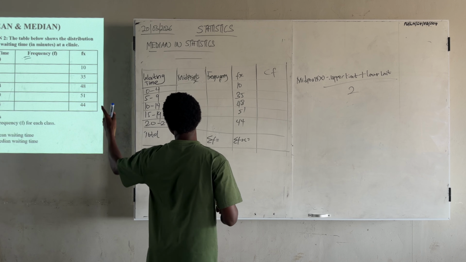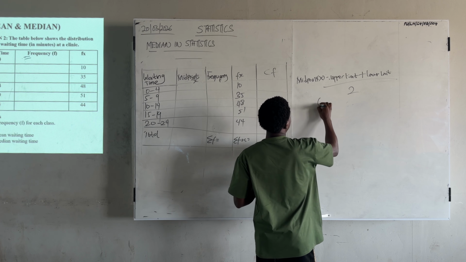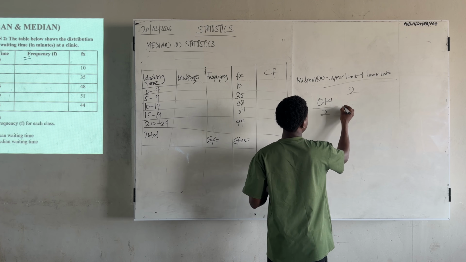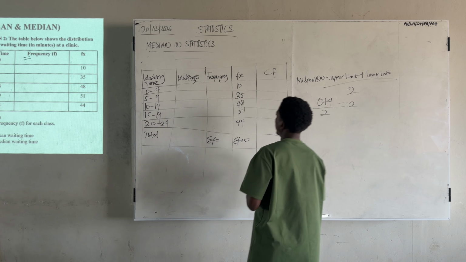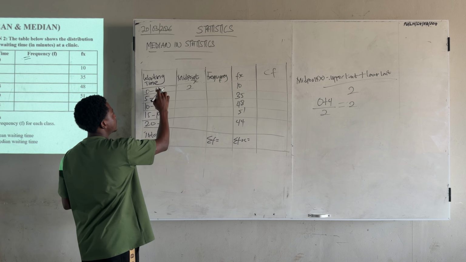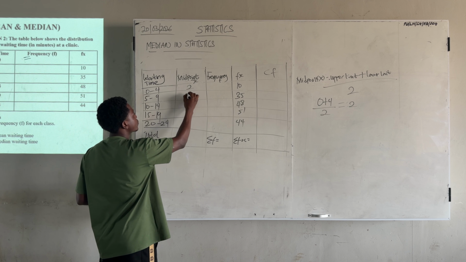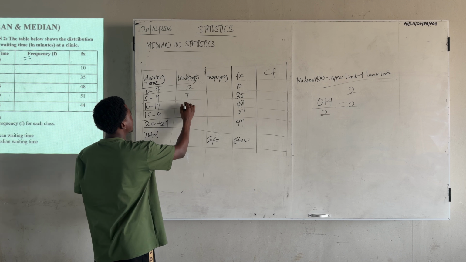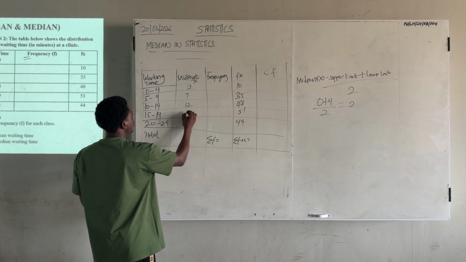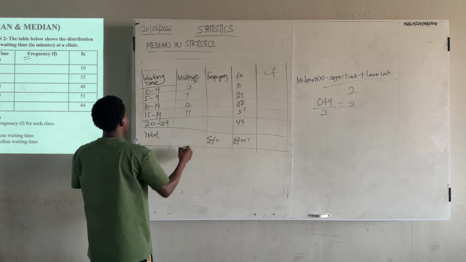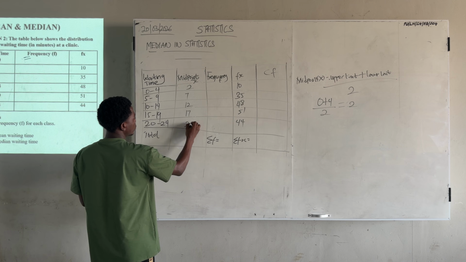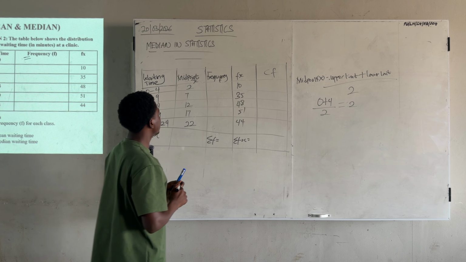So we have 0 plus 4 all over 2, which is equal to 2. Let's continue: 5 plus 9 all over 2, 10 plus 14 over 2, 15 plus 19 over 2, 20 plus 24 over 2, which is 22.